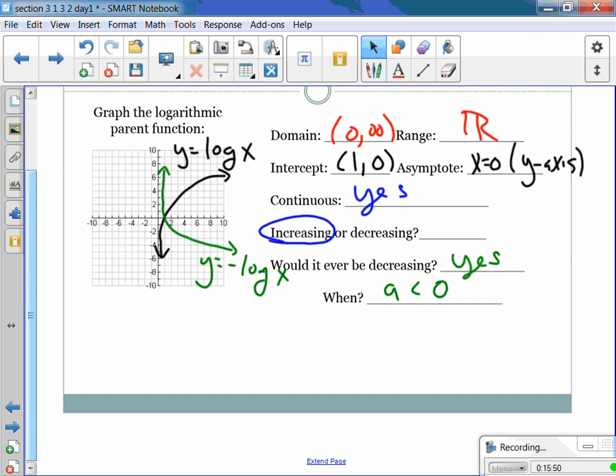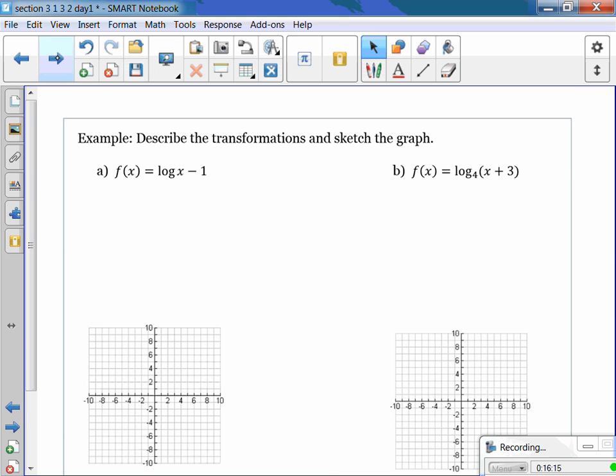If I had the negative out in the front, that's a reflection about the x-axis, giving ourselves a decreasing function. So just as we did with the exponentials, same thing with the logs. All we're going to do is look at the asymptotes and the intercepts to determine what that transformation does. So here we have a very difficult one that has about 6 different transformations.